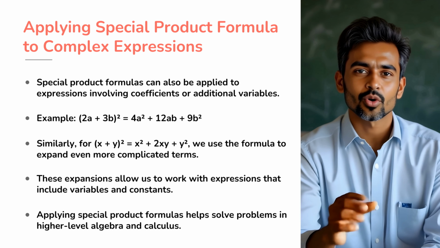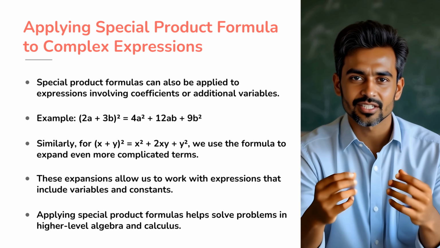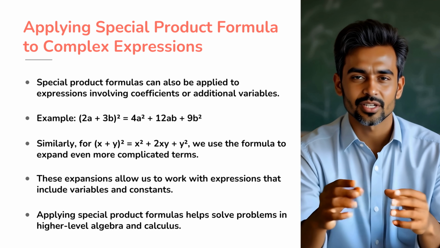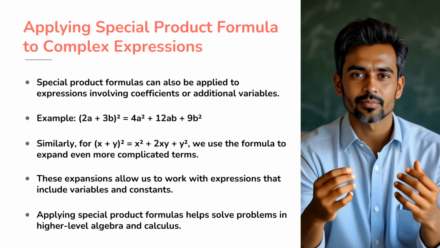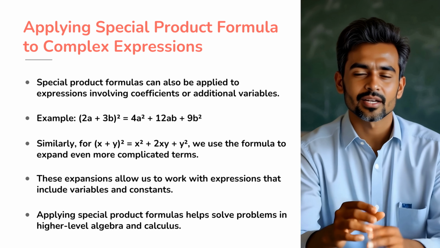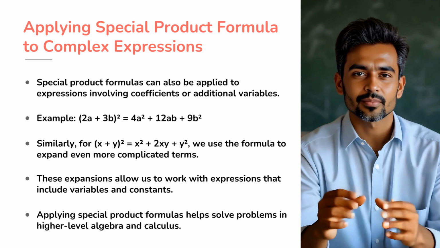When working with more complicated algebraic expressions, special product formulas still come in handy. These formulas can be applied to expressions that include coefficients or multiple variables. Take this example, 2a plus 3b whole squared expands to 4a squared plus 12ab plus 9b squared.